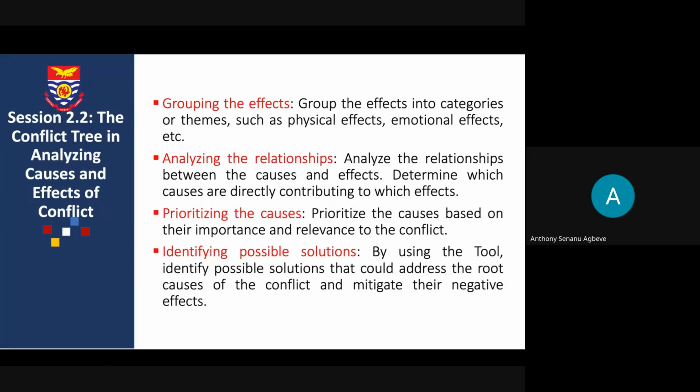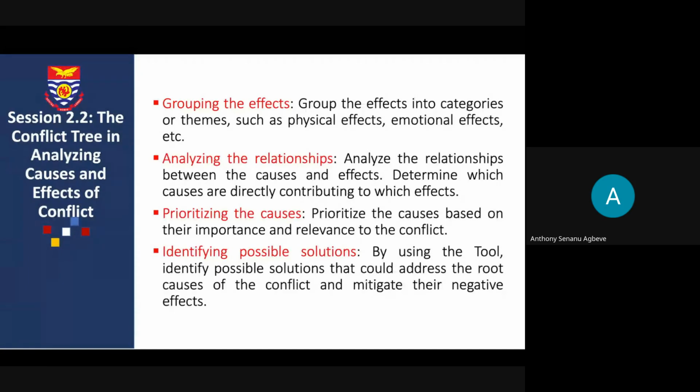There's no peace. So then we need to prioritize that chieftaincy dispute. Then we say, okay, even though there are so many causes of the conflict, the major one is the chieftaincy.